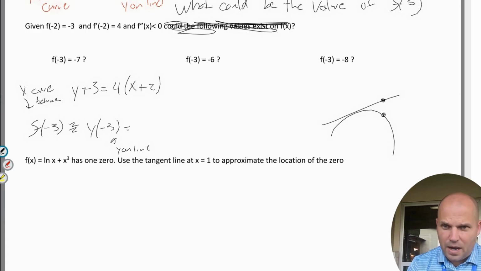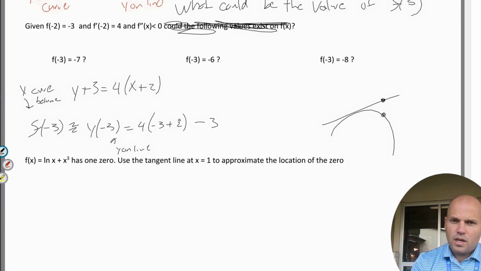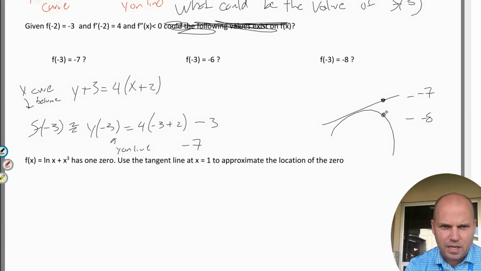The y on my line is -4 minus 3, which is -7. The y on my line is -7. Since my y on my curve is below that, and since we're in the y values, we'll talk about -8. So if my y on my line is -7, the y on my curve could be anything below -7.